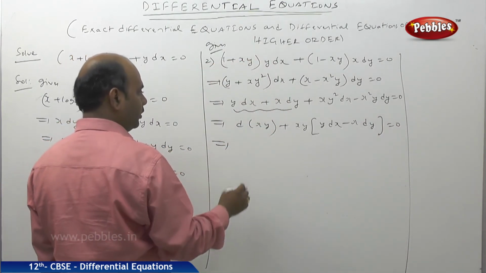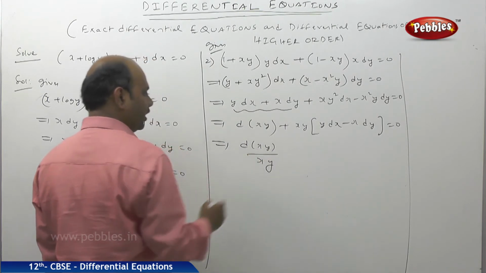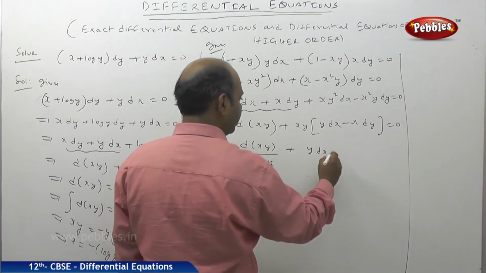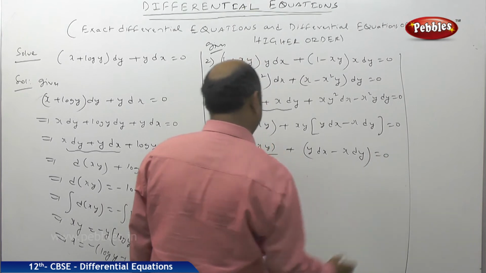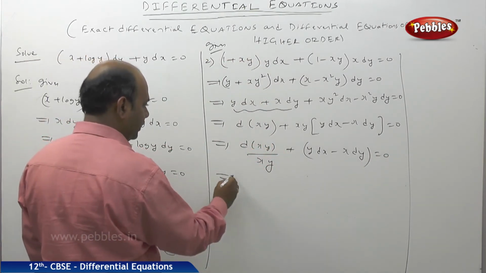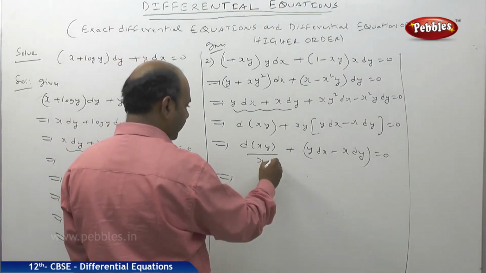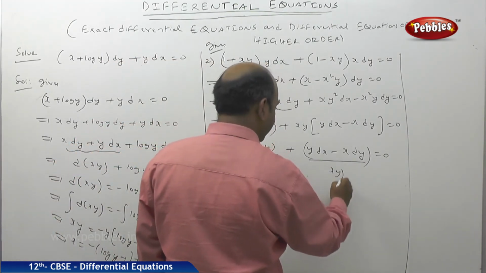So I will divide by xy throughout the equality. So what happens, y dx minus x dy equal to 0. Later for my convenience I will be dividing by (xy) whole square, so that our problem might become very easy.